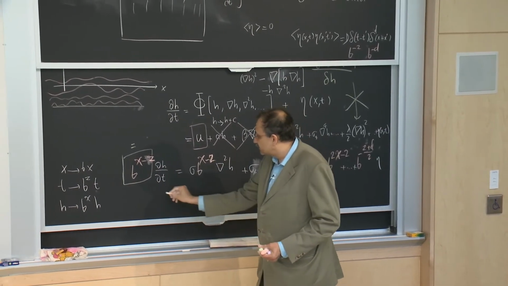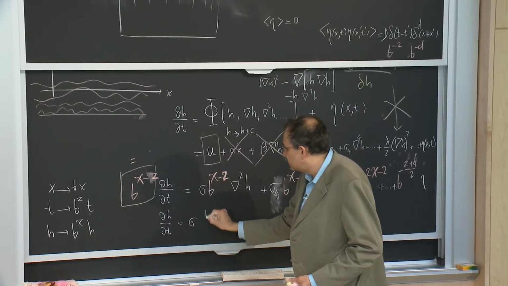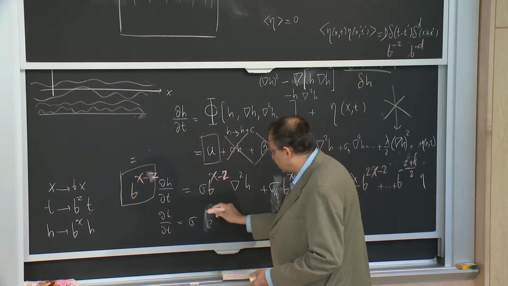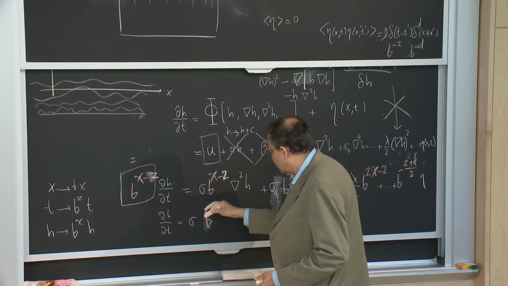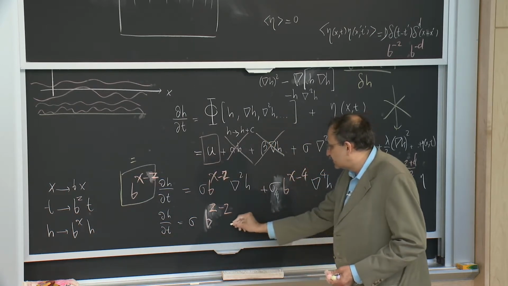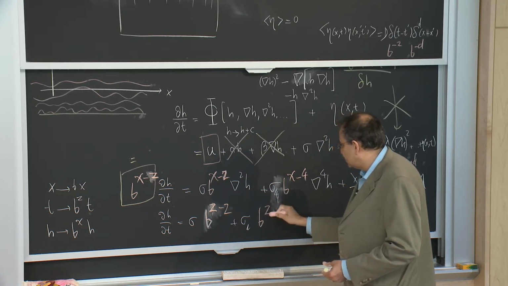So then this becomes dh by dt is sigma b to the z minus 2. Maybe I will write it in red. b to the z minus 2. This becomes sigma to the 4 b to the z minus 4.